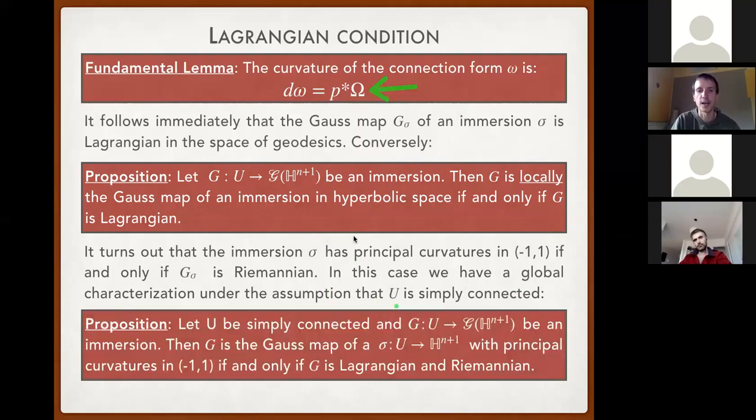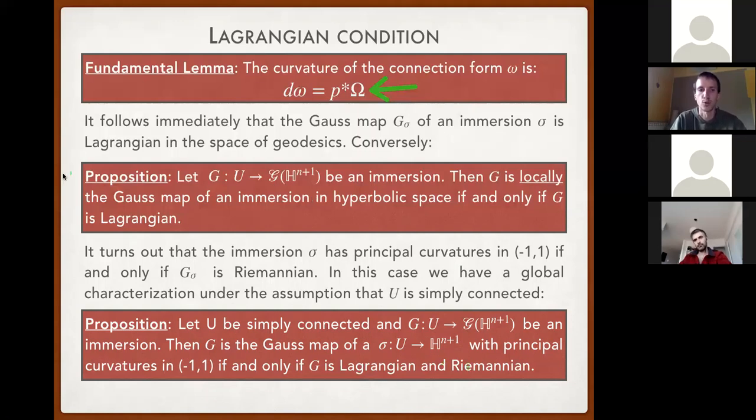Basically, we can give a stronger version of this proposition if U is simply connected. Let's read what is written here. If you have a map in the space of oriented geodesics defined on a simply connected set, then this is the Gauss map of an immersion with principal curvatures in -1, 1 if and only if it is Lagrangian and Riemannian.